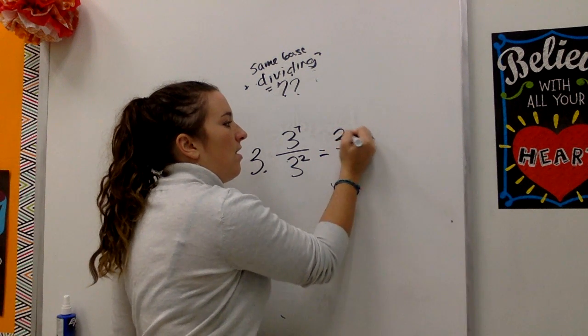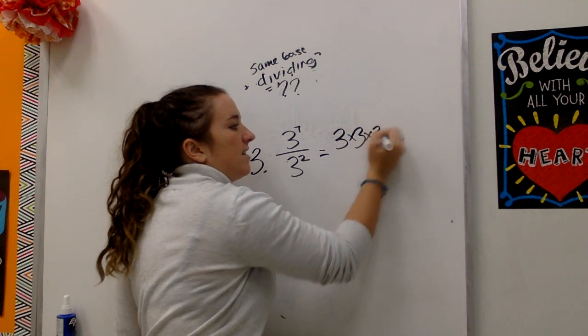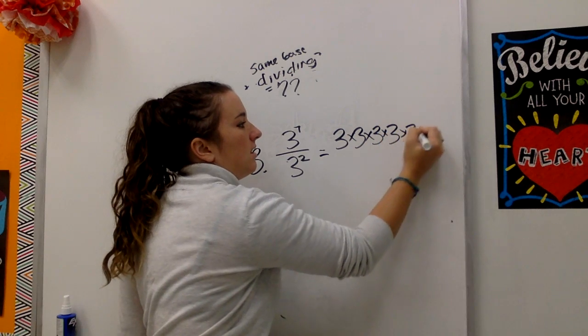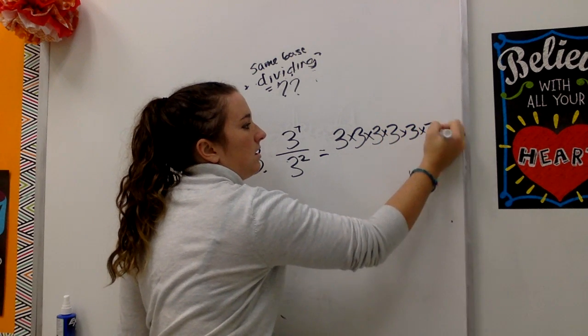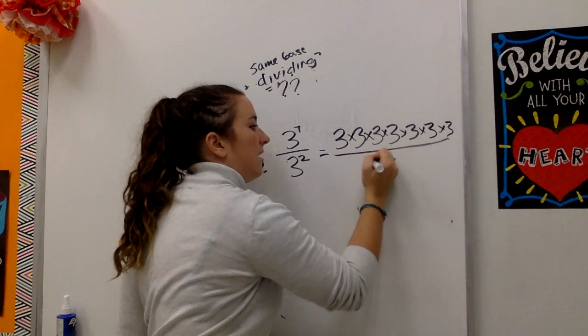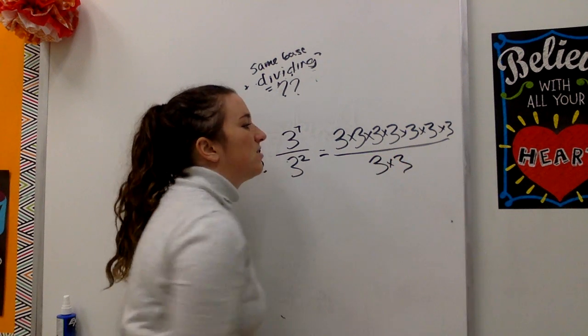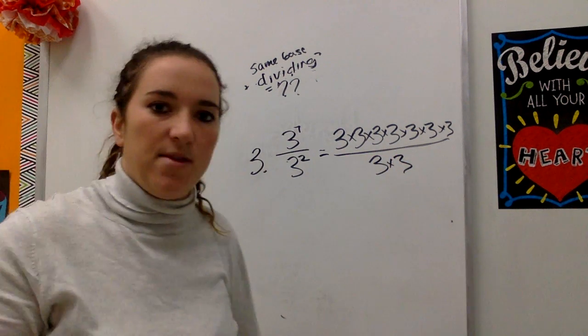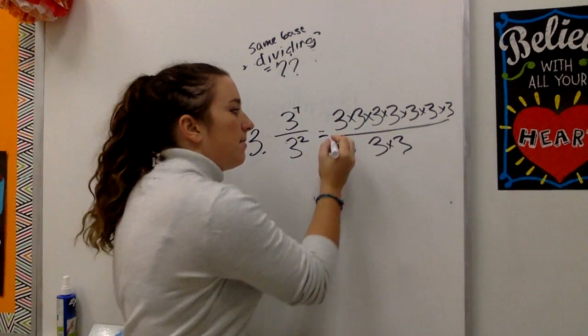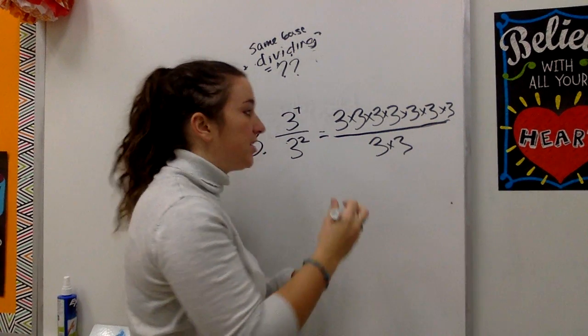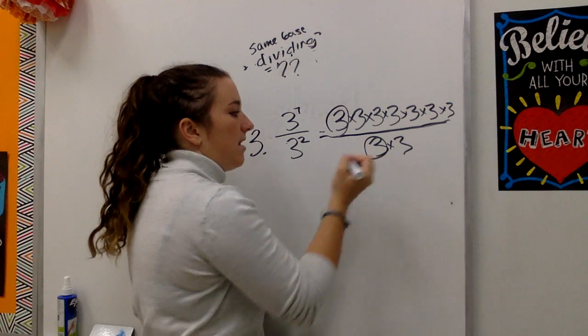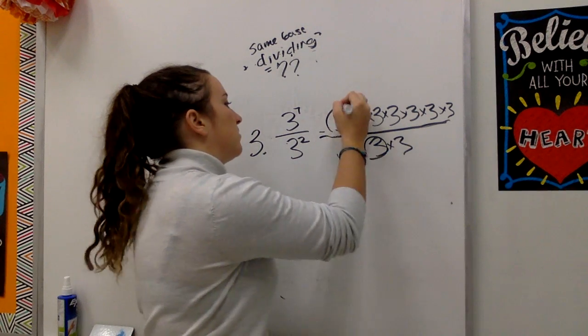So I'll have 7 3's on top and 2 3's on the bottom. This fraction bar means what? Division. And so I have 3 up top, 3 down here. 3 divided by 3 is 1.